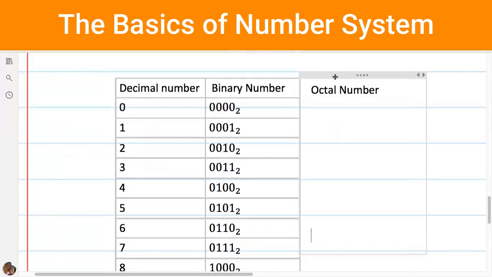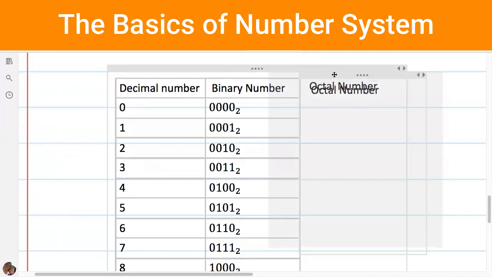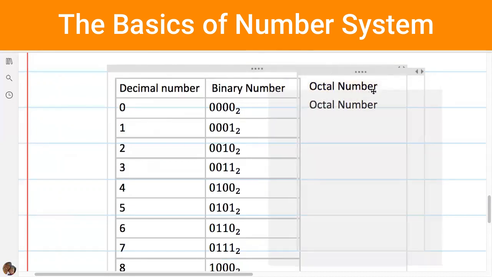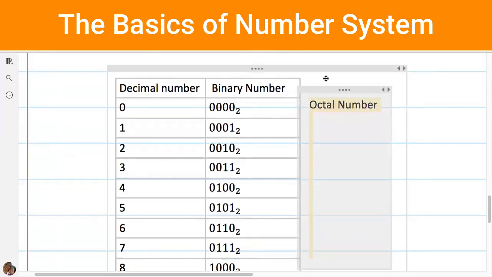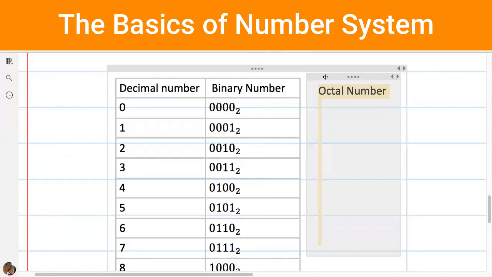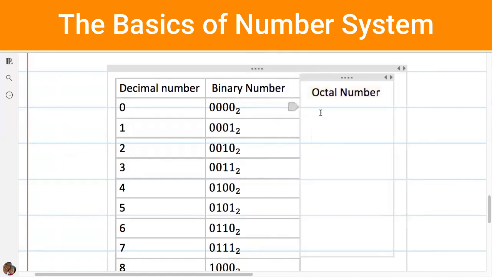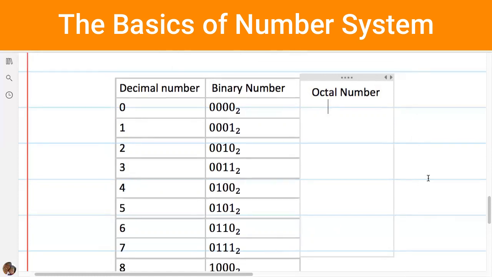Octal number system. Okay, now I think this is good enough. So for octal number system, when we say 0 in decimal number and in binary number, that is 0, 0. In octal number system, it is also 0.